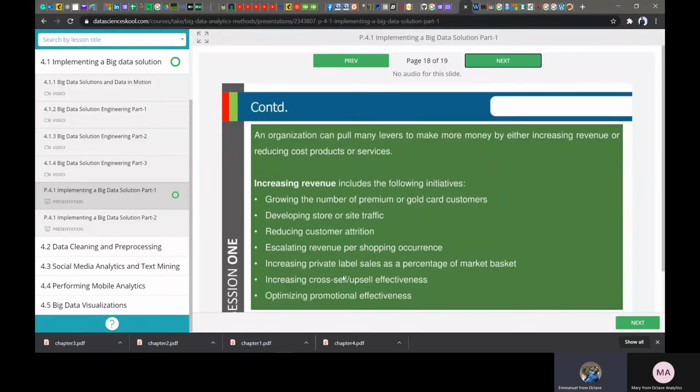So optimizing promotional effectiveness. This one is like talking about maybe you have 500 customers. Out of the 500 customers, if you can identify customers that are already churning away, that are already leaving a particular service, maybe just 100 of them out of 500 that are going to stop using a particular service, you can just send some promotional campaign to them.